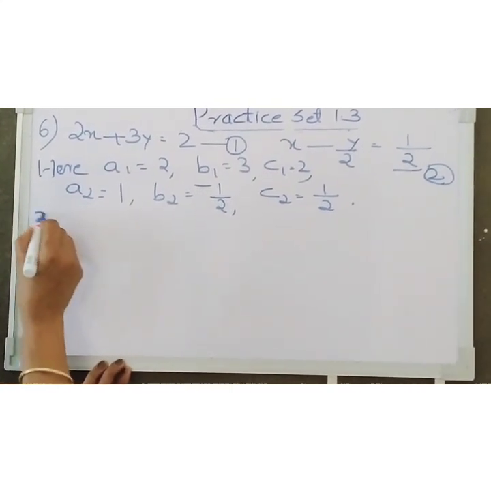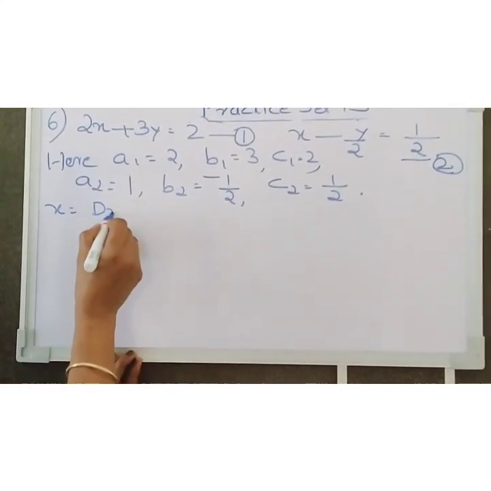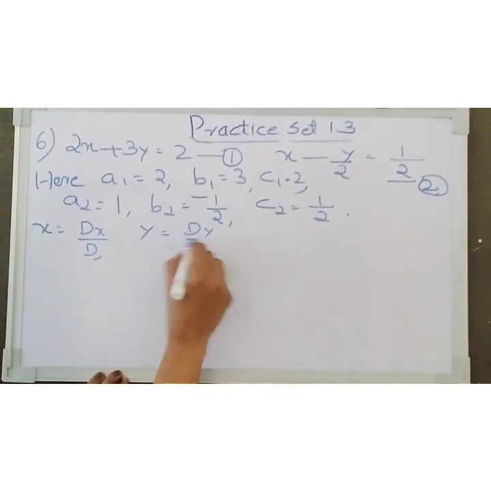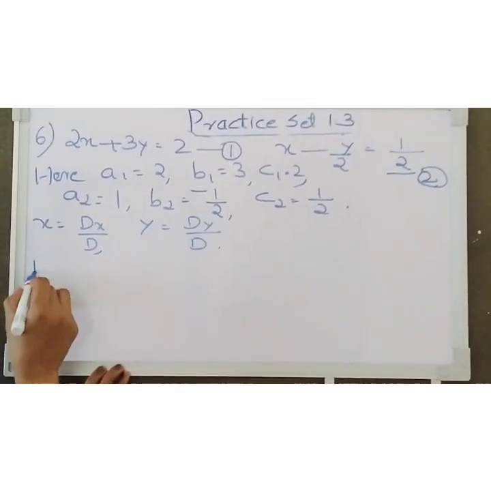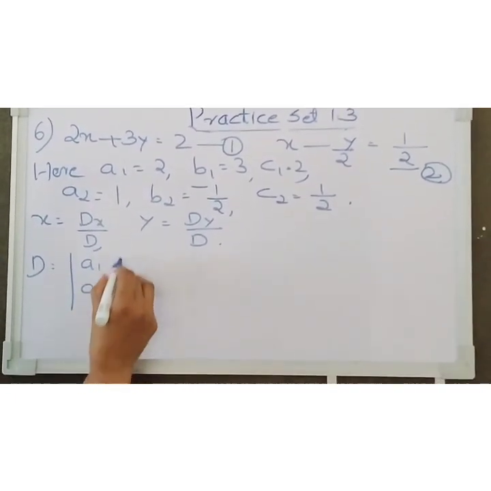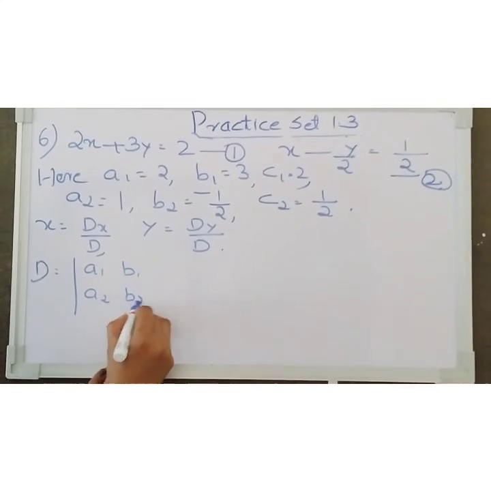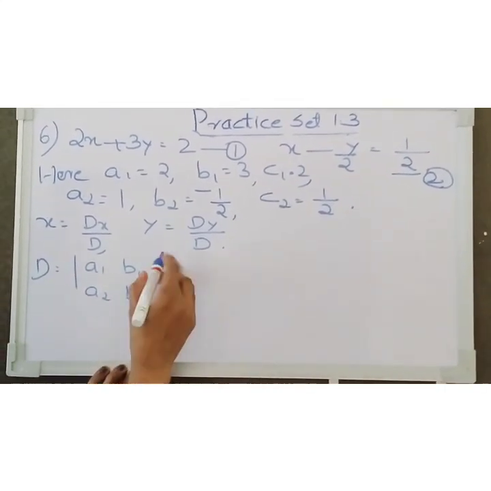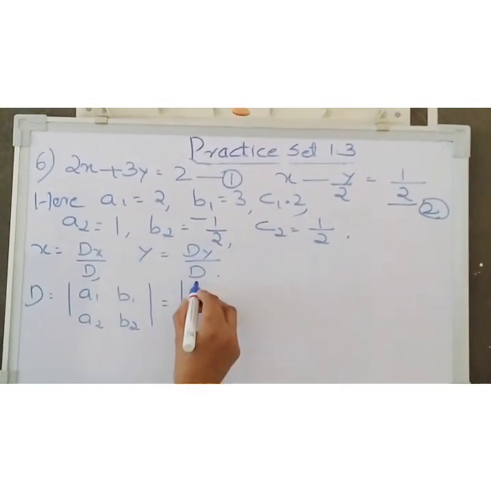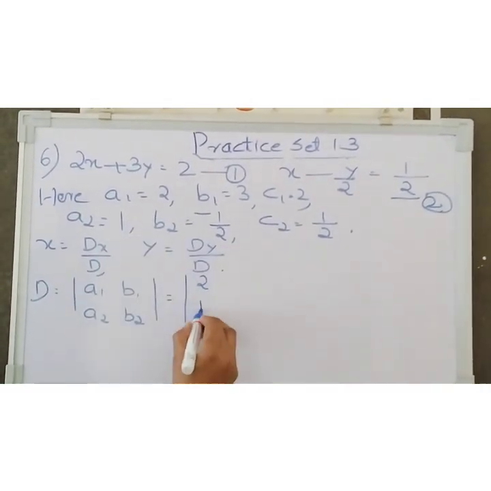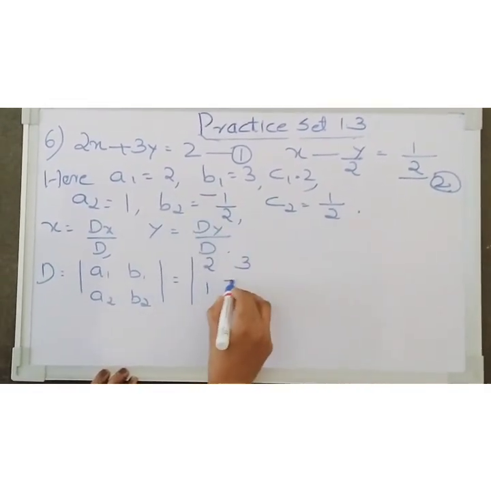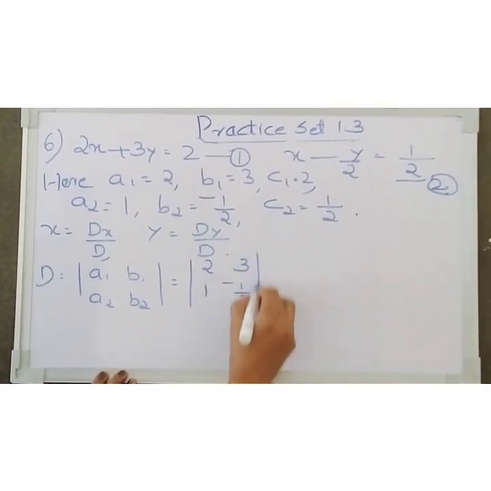For Cramer's rule, x is equal to dx upon d and y equal to dy upon d. D equal to the determinant of a1 a2 b1 b2, which is the determinant of a1 is 2, a2 is 1, b1 is 3 and b2 is negative 1 upon 2.